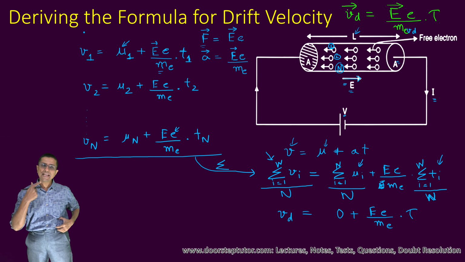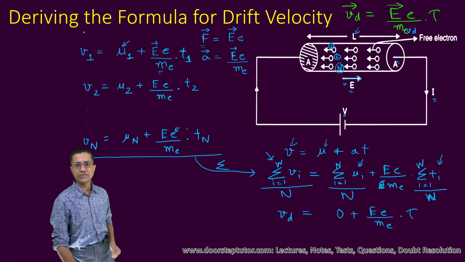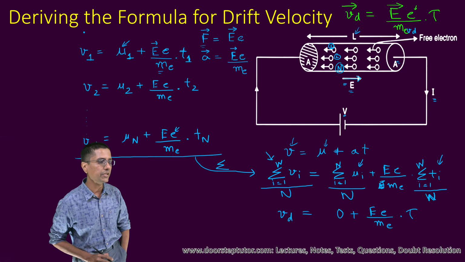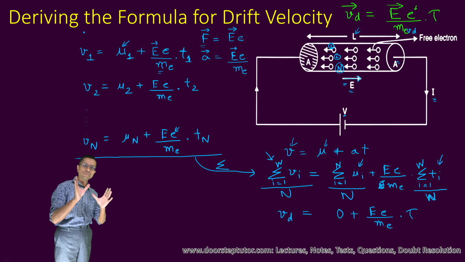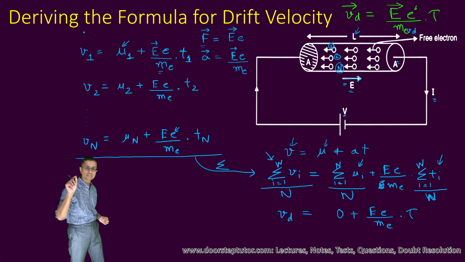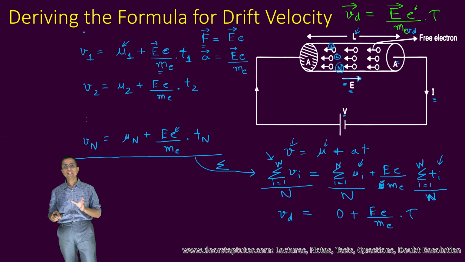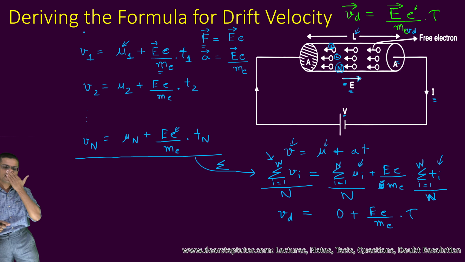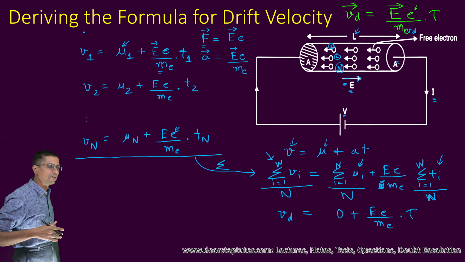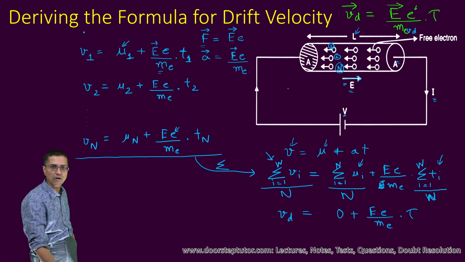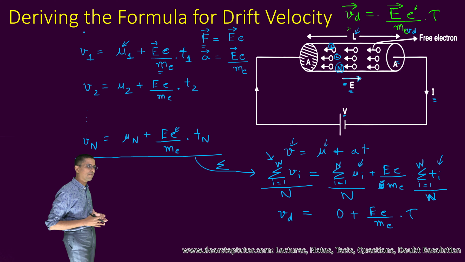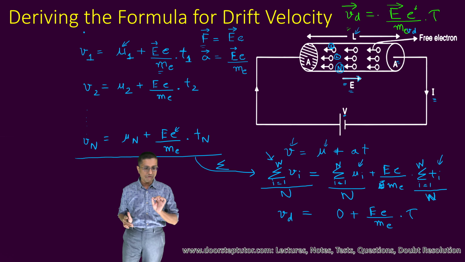Now because in the case of the electron the charge is negative, this vd would be opposite to the direction of E. This formula always holds. With the signs included, they just come out to be perfect. In the case of negative charges like the electron, our vd would be opposite to the direction of E. So this is the formula for drift velocity.